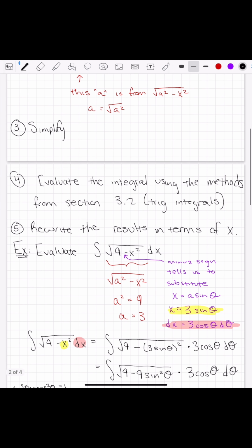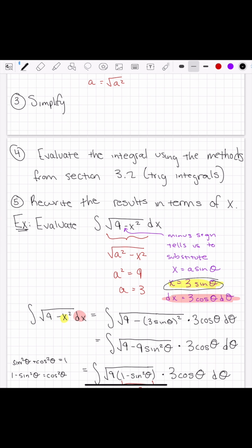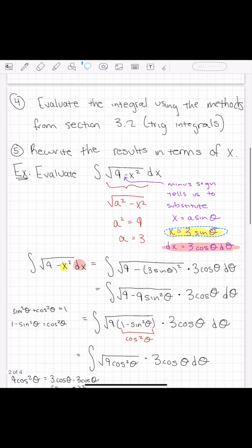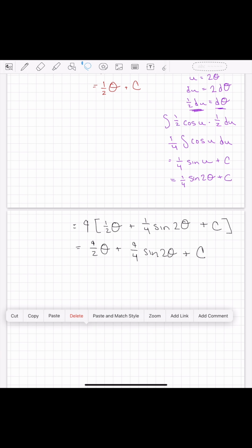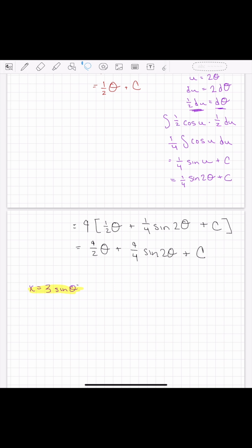The key thing is to use the relationship that we started with, how we changed from theta to x in the first place, which was doing the substitution with x equals 3 sine of theta. So let me just rewrite this. We have x is 3 sine theta, so then we know x over 3 is sine theta.